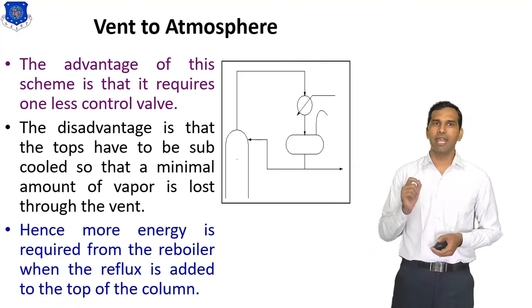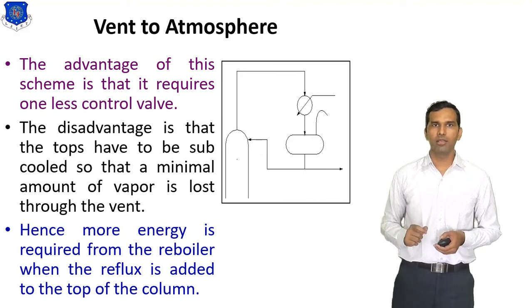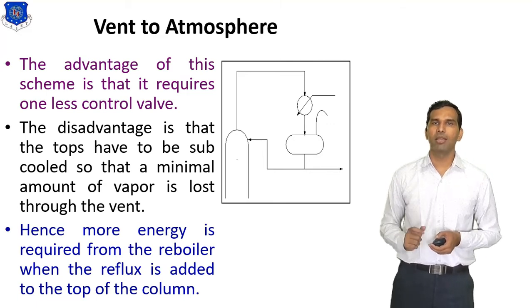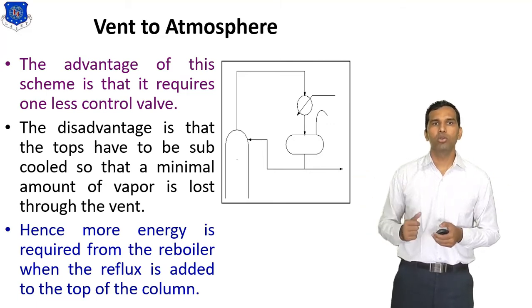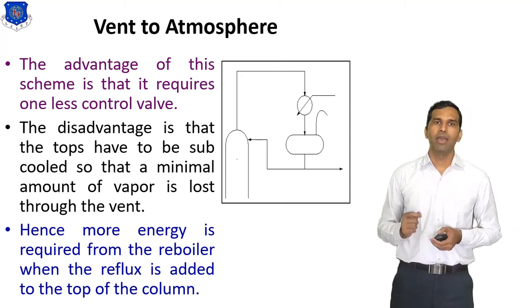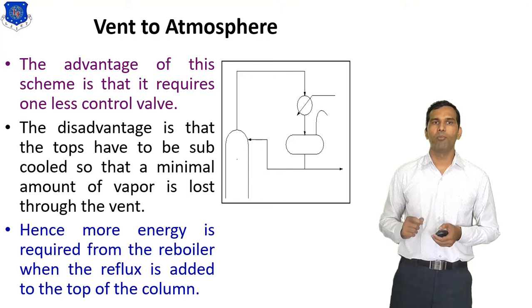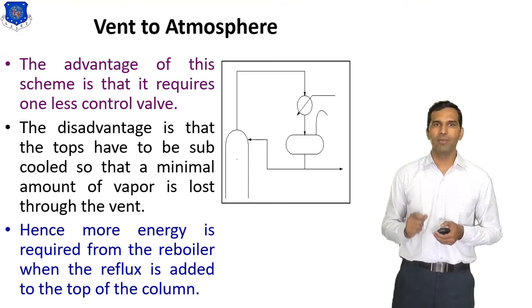The disadvantage is that the top has to be subcooled so that a minimal amount of vapor is lost through the vent. Hence, more energy is required from the reboiler when the reflux is added to the top of the column.